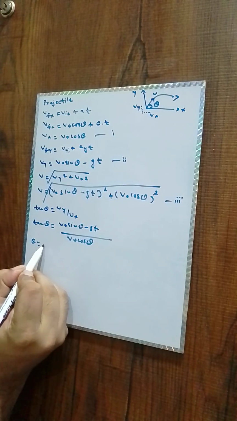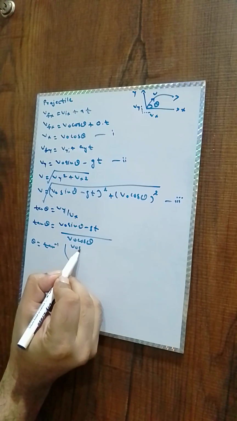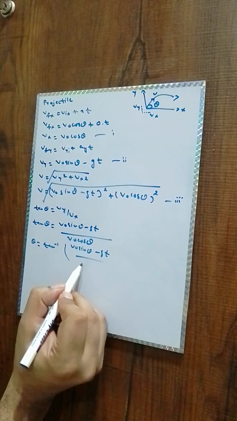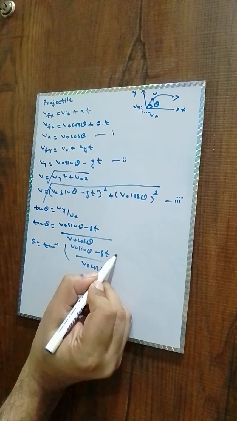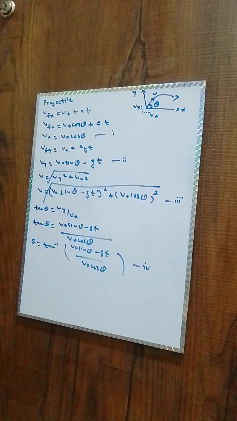Yes, so theta in this case is tangent inverse of (V naught sine theta minus gt) by V naught cos theta. Okay, so this is another form.